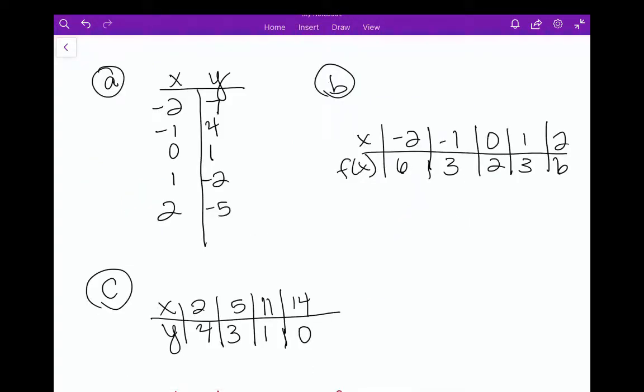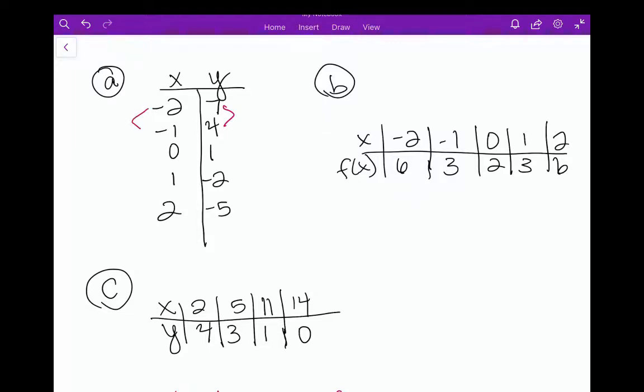When you're looking at a table, in order to determine if it is linear or not, we need to determine the rate of change. As I mentioned, a linear function has a constant rate of change, which means the rate of change does not differ between points. The rate of change is the ratio between the y and the x.